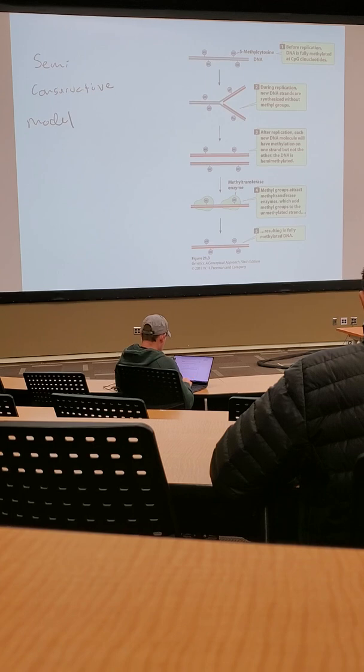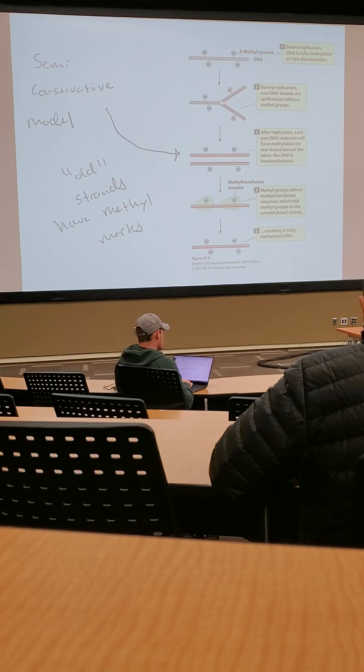So this is the example we've seen before for DNA replication. We have our replication fork. We've only seen part of it. The key thing here is that this is where the semi-conservative model comes in, right? So the old strands have the methyl marks.